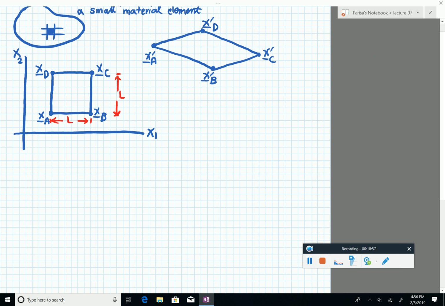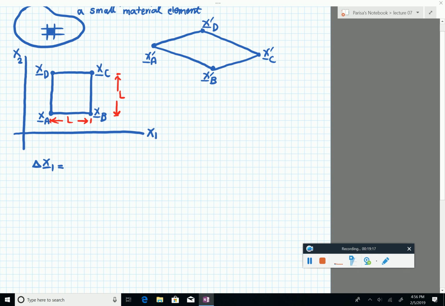Okay, and now we are ready to look for a strain. So what I want to see is what happened between pairs of points. So the change. Let's first look at the reference configuration.